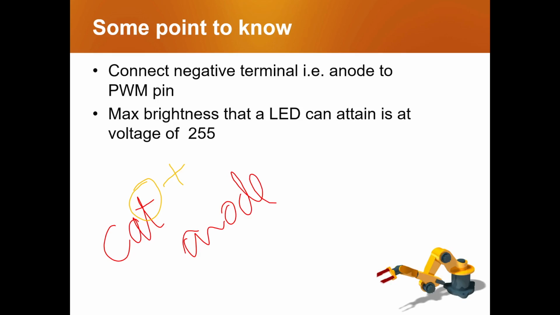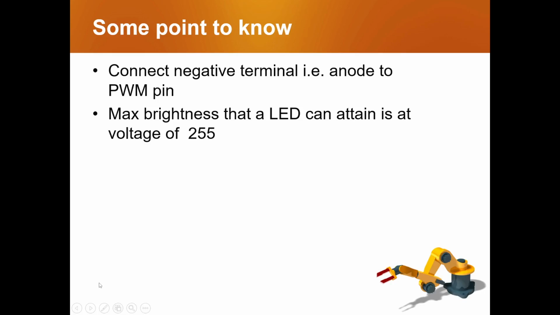So positive is cathode and negative is anode. So always connect the negative terminal with the PWM pin.